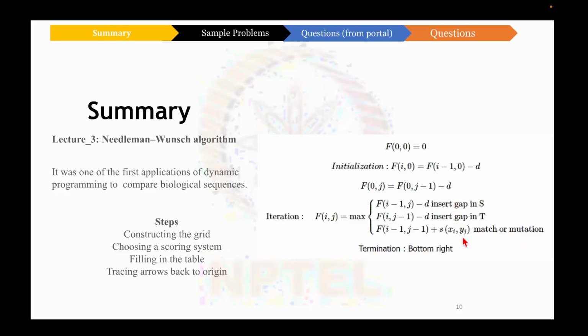Then we have matrix filling. For matrix filling, iterate through the matrix row by row, from left to right and top to bottom, and at each cell in the matrix calculate a score of aligning. To calculate the score, we consider three possibilities. First, the score of aligning characters at position i and j, based on match or mismatch.